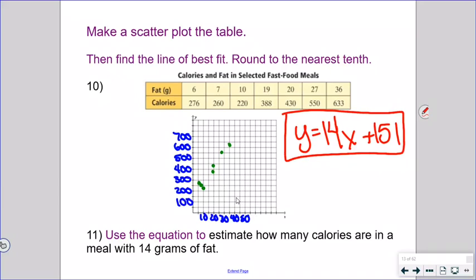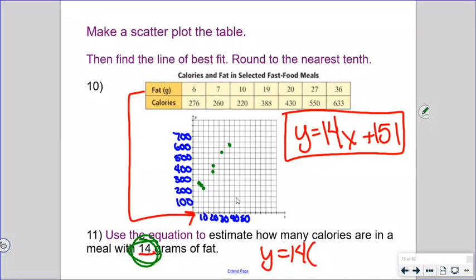Now, when it says 11, use the equation to estimate how many calories are in a meal with 14 grams of fat. Remember, the grams of fat is your x down here. So when I use the equation to estimate how many calories, you're going to do y equals 14 times 14. That 14 came from the green equation above.